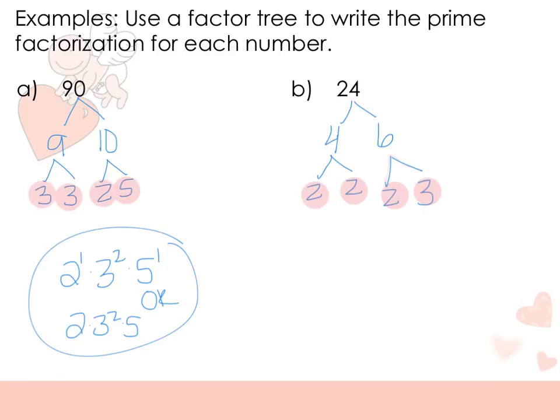The ends of my tree are all prime numbers. So my prime factorization is 2 to the power of 3, because 2 is written 3 times, times 3. If you guys have questions, help each other out on that one.